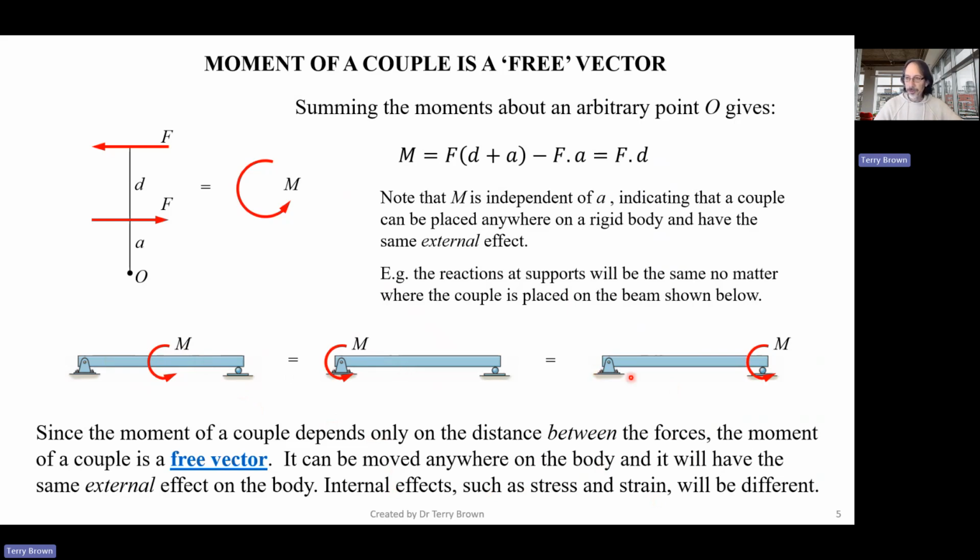The other thing that will be different, of course, will be the deflection of the beam. If we apply the moment in the middle, it'll deflect in a certain way. If we apply the moment at the end, it'll deflect differently. So that looks like an external effect, but it's really counted as part of the internal effects because it comes from the strain that's developed in the body.